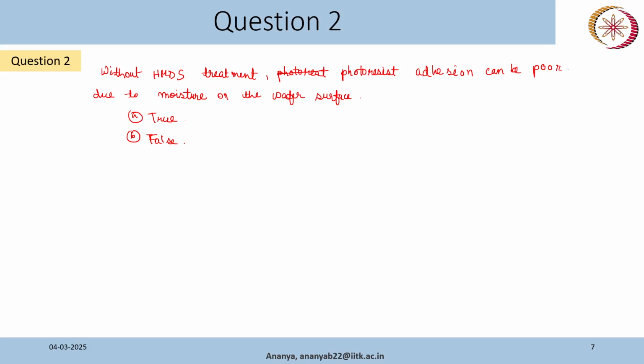If you start with a very hydrophobic surface, then you don't need it. But since we are discussing silicon, and silicon even though hydrophobic will have an SiO2 layer on top of it, that is the native oxide, we often go for HMDS.